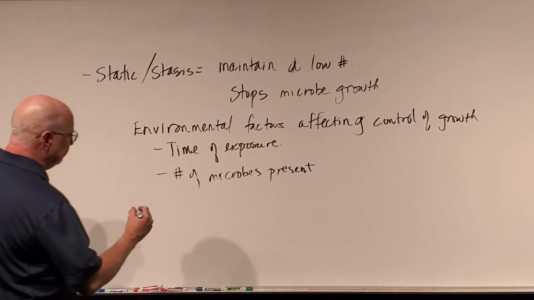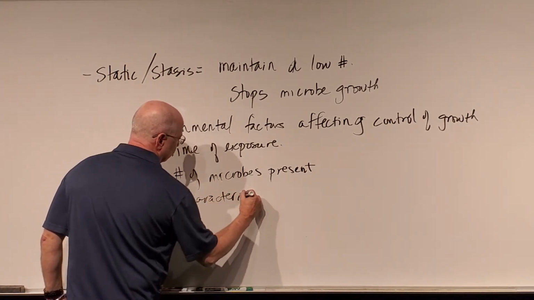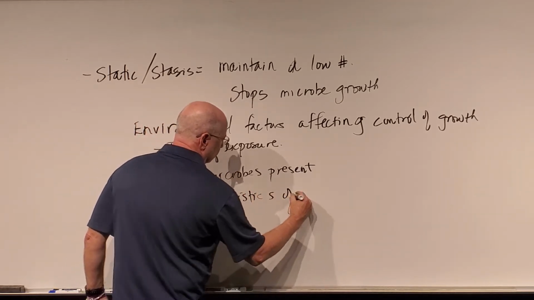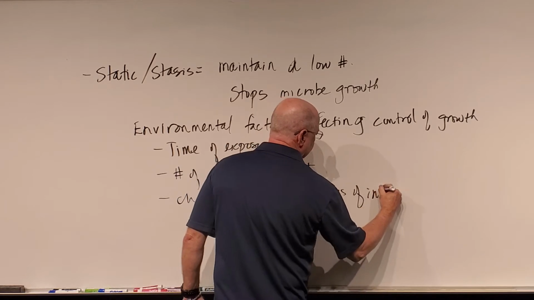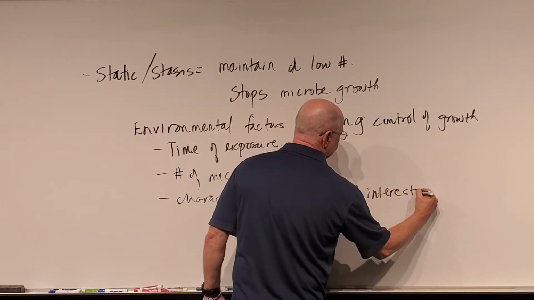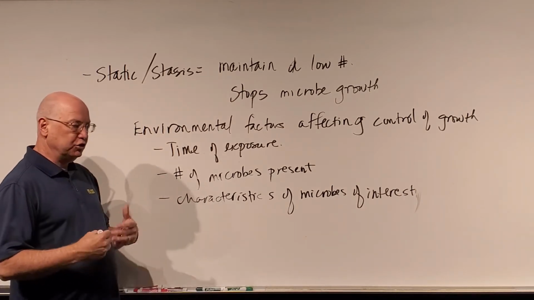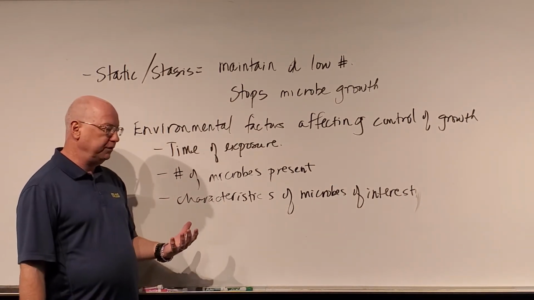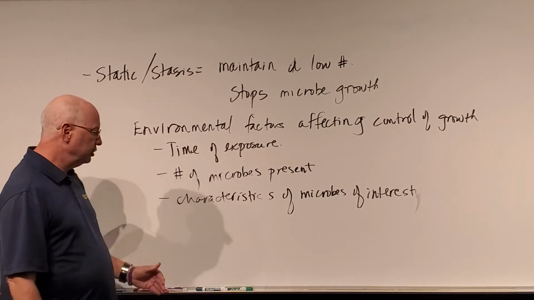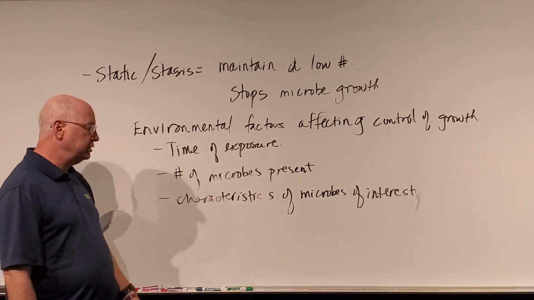And another thing can be the characteristics of the microbe involved. You know, some microbes are resistant to heat, or some microbes can withstand a high salt concentration. So salt as a preservative may not work on all microbes, or the particular type of heat and how long we expose them to the heat.